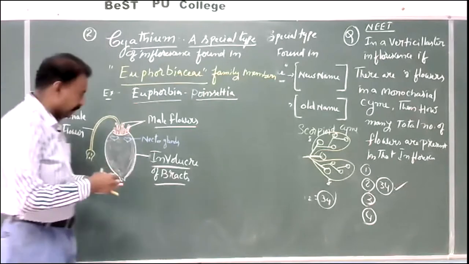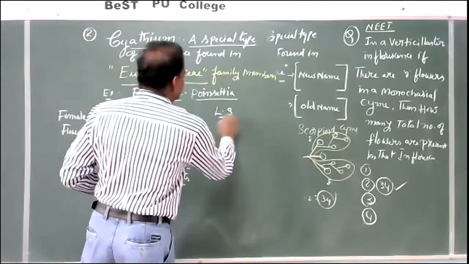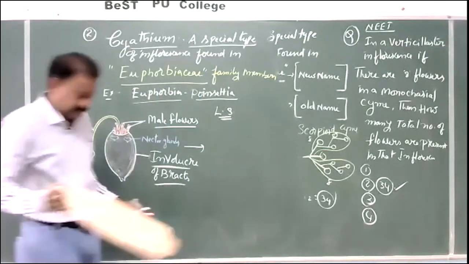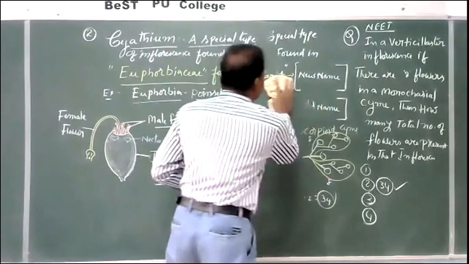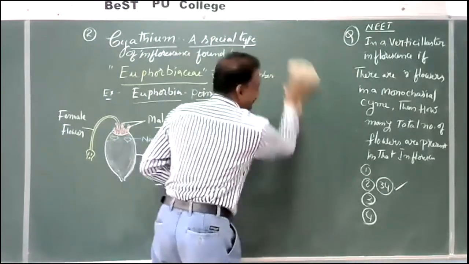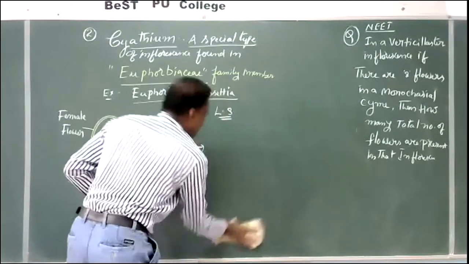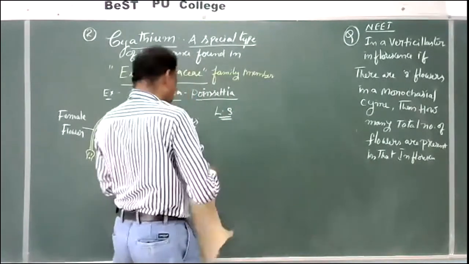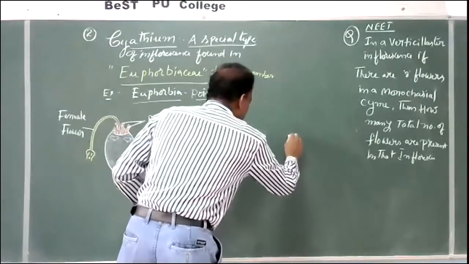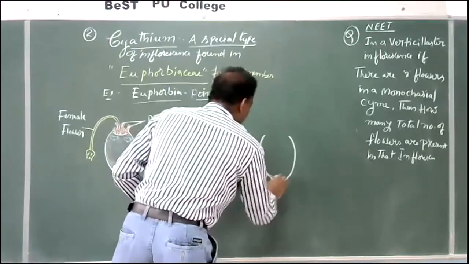See here, when we cut longitudinal section, LS, longitudinal section of cyathium inflorescence, this one. Here.